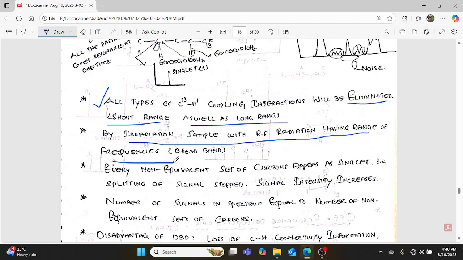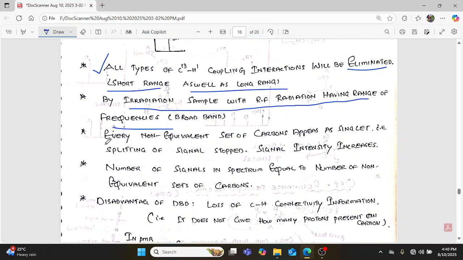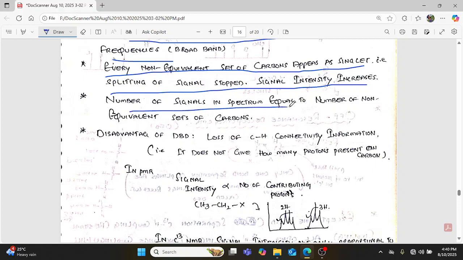In order to remove the 5 types of couplings, we need to give 5 different frequencies. The radiation is one, but with different frequencies. So every non-equivalent set of carbon appears as a singlet. That's why splitting of the signals stops and signal intensity increases. The number of signals in the spectrum equals the number of non-equivalent sets of carbons.